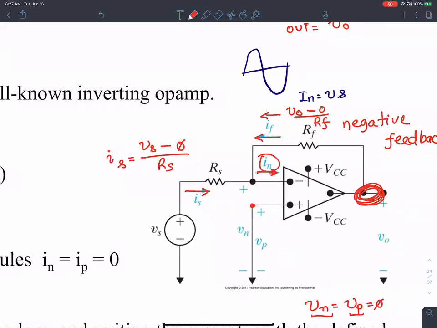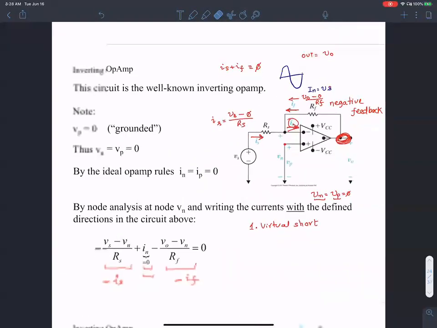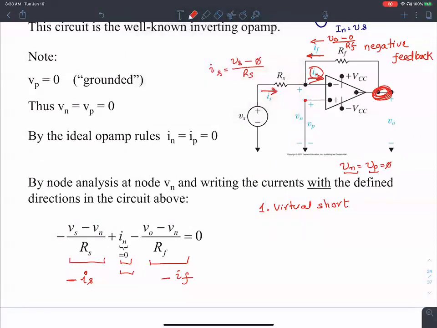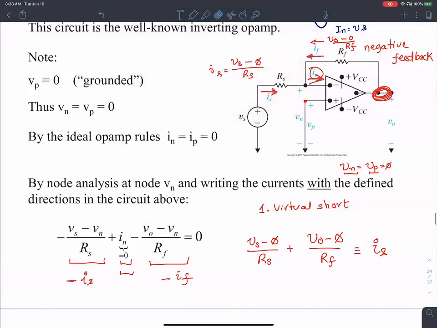So the sum of the currents coming in, IS plus IF, should equal the current leaving the node, which is 0. There is more than one way to arrive at the exact same result. I could have as well added Vs minus 0 over Rs plus V naught minus 0 over Rf. These are the currents entering, and they should equal the current leaving, which is IN.